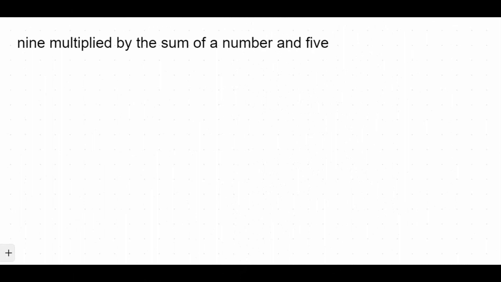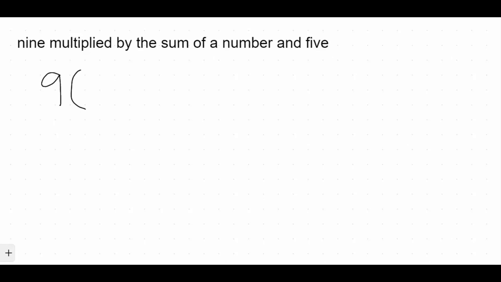All right, so the next example that we have here says that 9 is multiplied by the sum of a number and 5. So it says we have a 9. And it's being multiplied by something. So I have a 9 and I'm going to times it by something. So it says 9 multiplied by the sum. Now sum is an addition. So that means I'm going to be adding something here now.